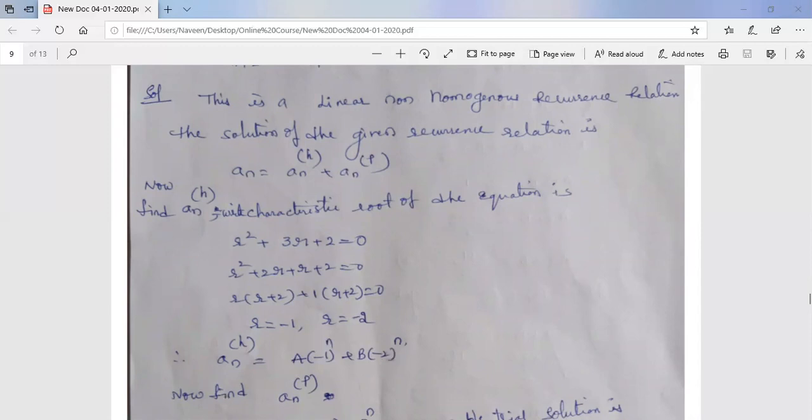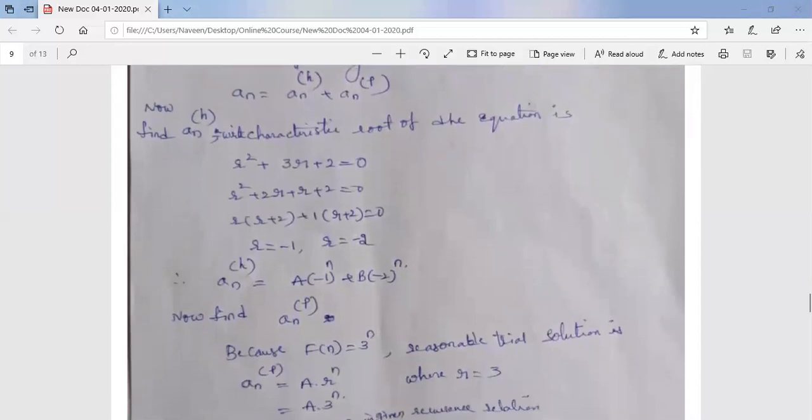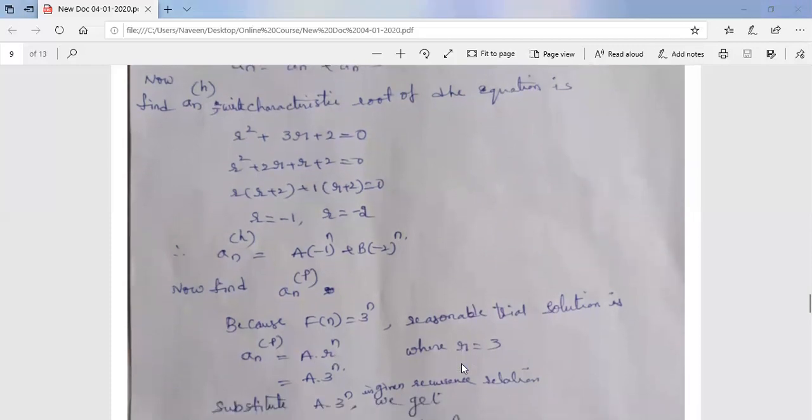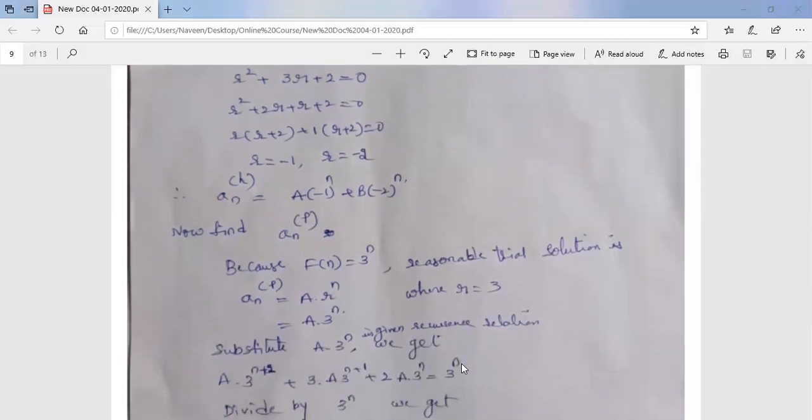Now find a particular solution, because f(n) is equal to 3^n. Again, the function f(n) is in the form of r^n. Therefore, a reasonable trial solution is a·r^n, where r is equal to 3. Now substitute a·3^n in the given recurrence relation.